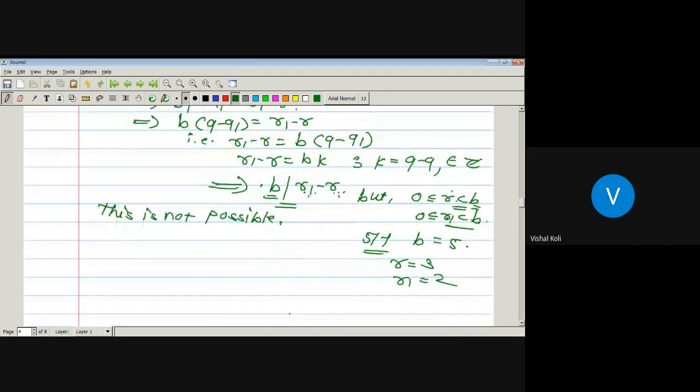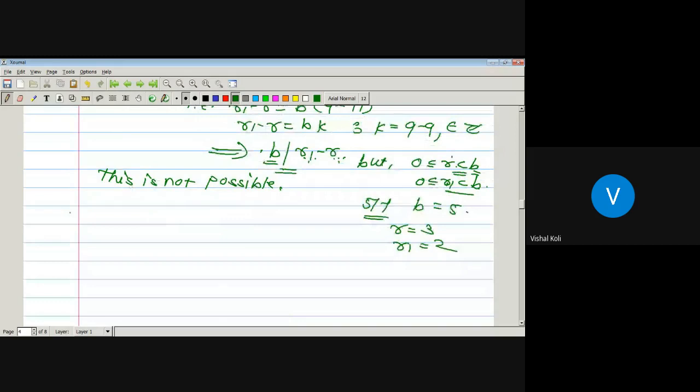Means Q and R must be unique, and that proves the uniqueness. And this is known as the division algorithm.